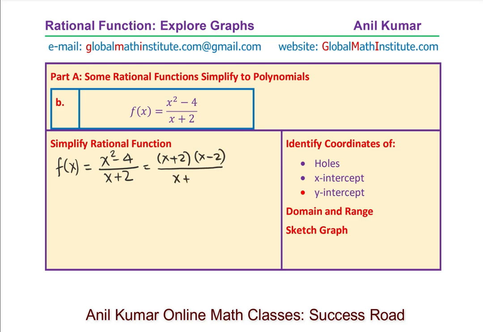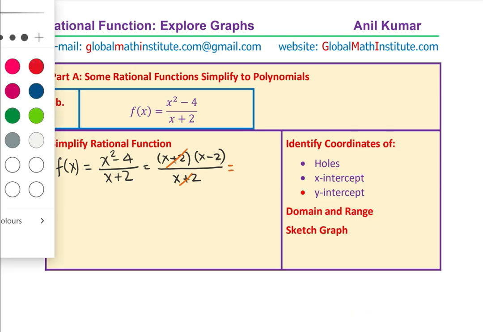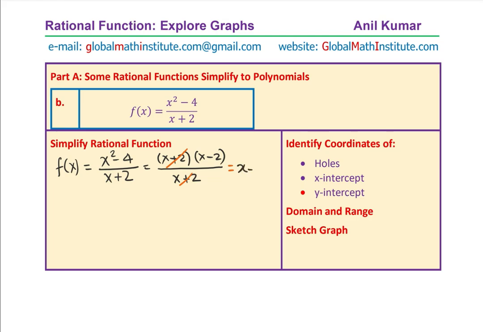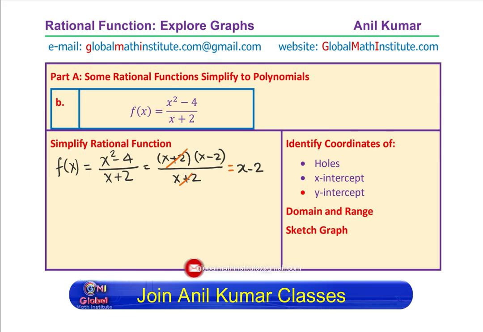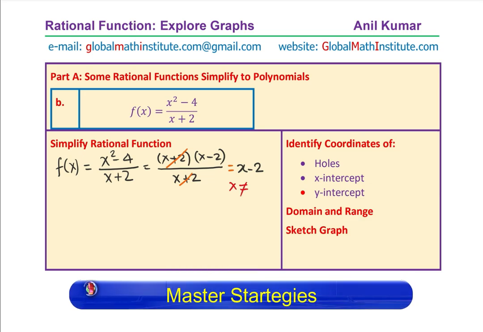Now you see that x plus 2 is a common factor in both numerator and denominator, and therefore that cancels, leading to a polynomial, and the polynomial here is x minus 2. Makes sense? Of course, x cannot be minus 2 since that will give a 0 in the denominator, and so we have a restriction here, and that is that x is not equal to minus 2.